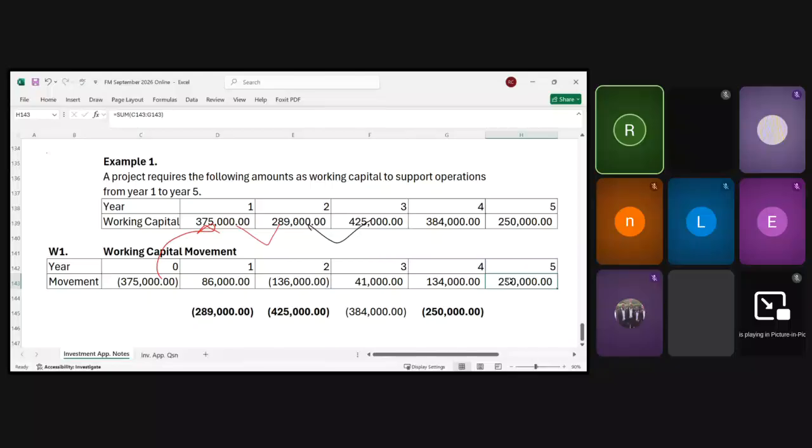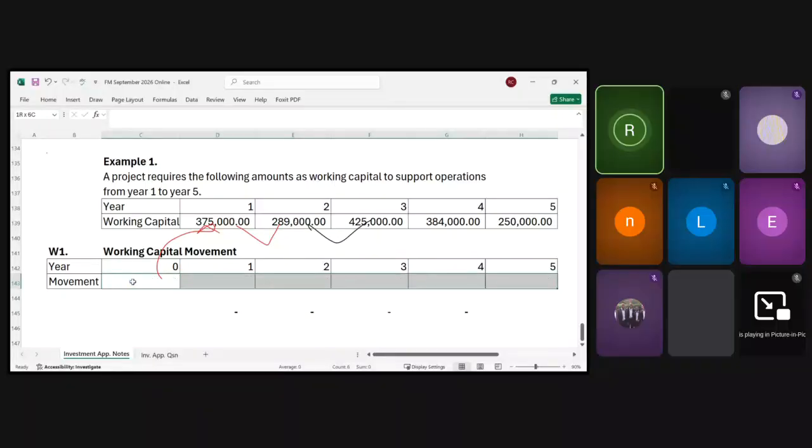All right. If there is no question, let me just give you a hint. On working capital, if there is no inflation, there is no harm, and you don't need to think here. You just do this, okay? Just come here. The first one, put it as a negative, minus this one.